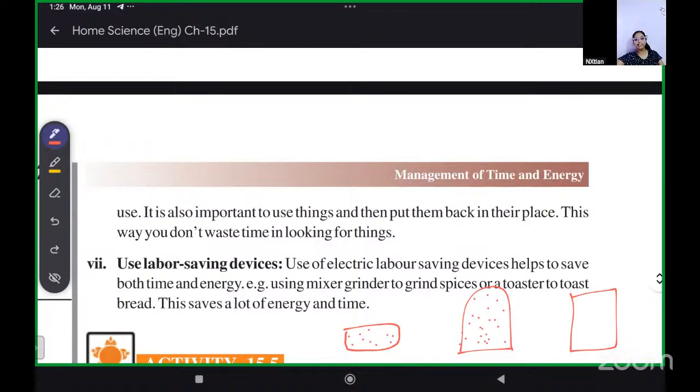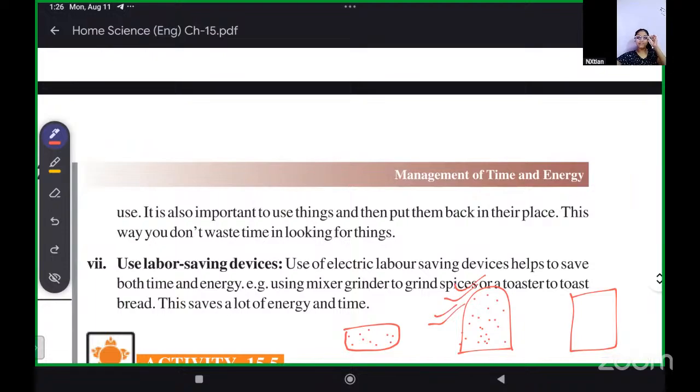We don't have it anymore, but from my grandmother's and her mother's time, we had this gray-colored stone, which they used at that time to grind their spices. So imagine grinding on this.